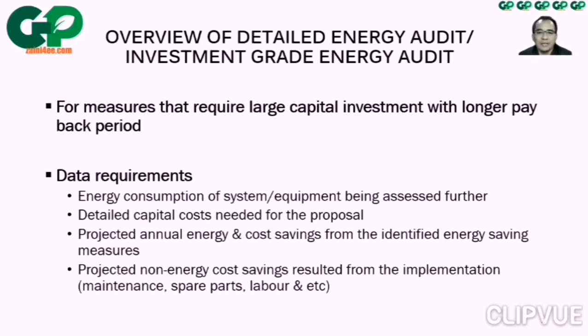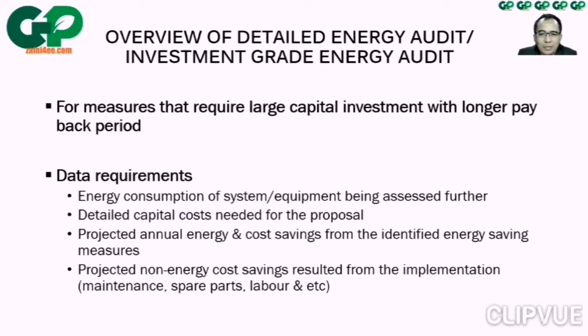The first one is the energy consumption of the system or equipment being assessed further, the whole facility and the major energy-using equipment. Then you should expect the audit to come up with the detailed capital cost needed in the proposal to implement the recommendations, as an estimation.